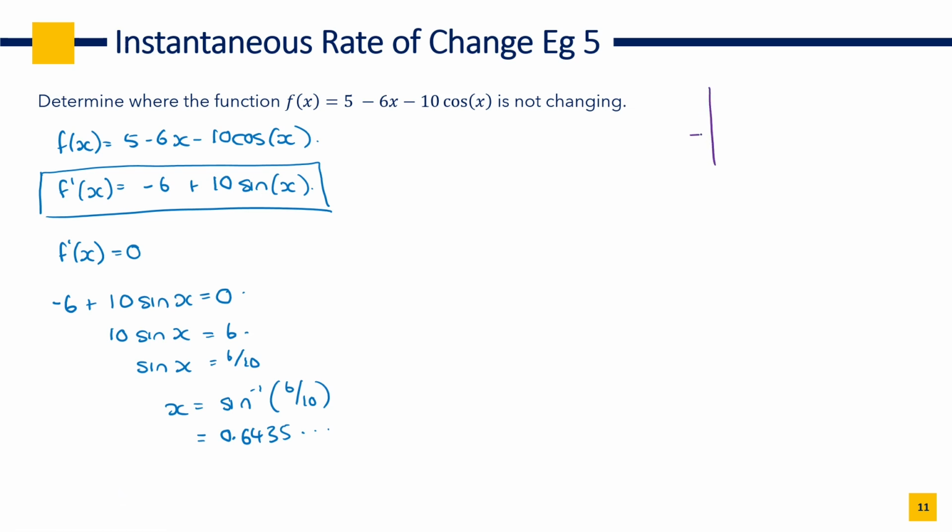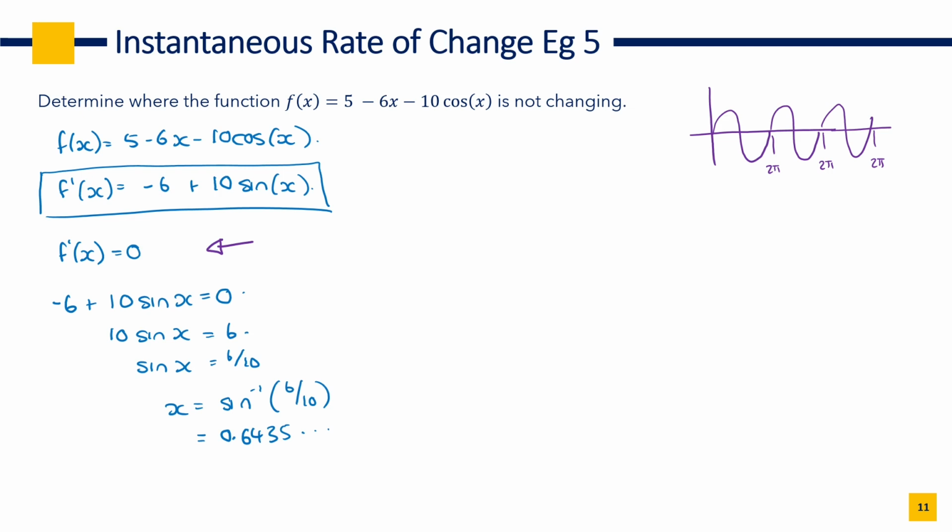Whenever you have your sine graph, there's one iteration of it, then another, then another. So technically, every 2 pi, you will have a value that fits this condition. So you need to take that into account.